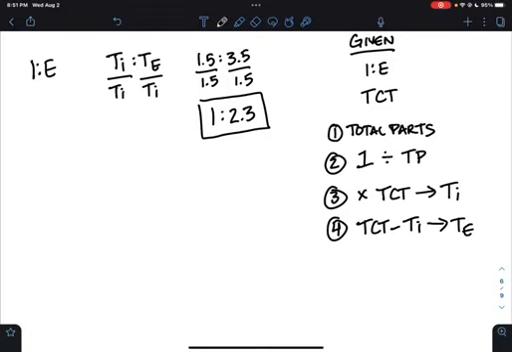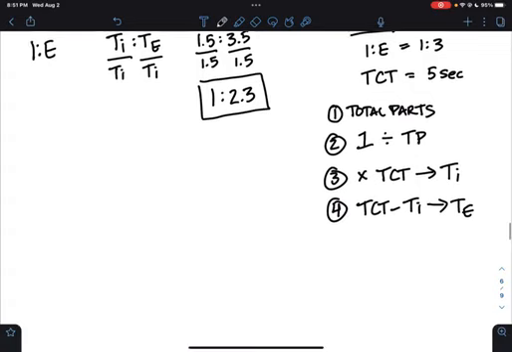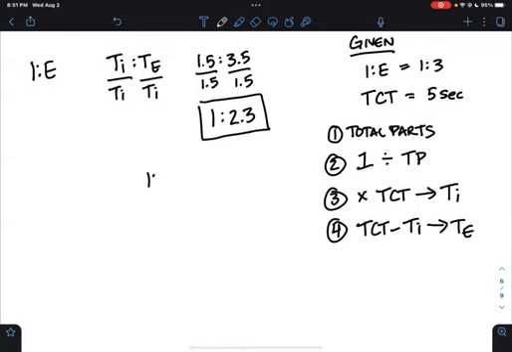Let's do an example. So let's say your IE ratio is 1 to 3, and then your total cycle time is 5 seconds. I'm going to do it on the left side. So 1 to 3. Your total parts, 1 plus 3, is 4.